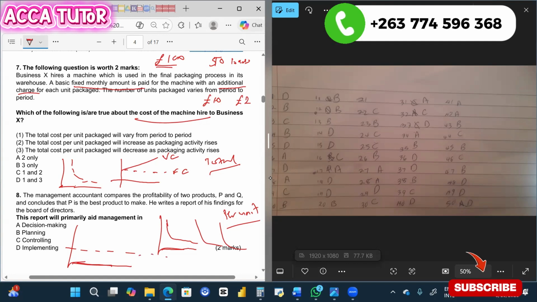You are still paying $100, no matter how much you produce. But the rental cost per unit of bread manufactured is now $2. So the more you produce, the better. Is that clear?